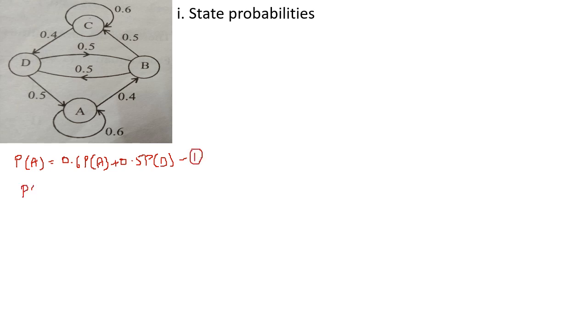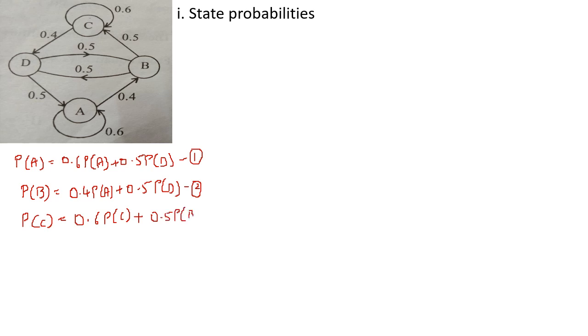Second equation, P of B is equal to 0.4 times P of A plus 0.5 times P of D. Third, P of C is equal to 0.6 times P of C plus 0.5 times P of B. Fourth equation will be P of D is equal to 0.4 times P of C plus 0.5 times P of B. So these are the 4 equations.